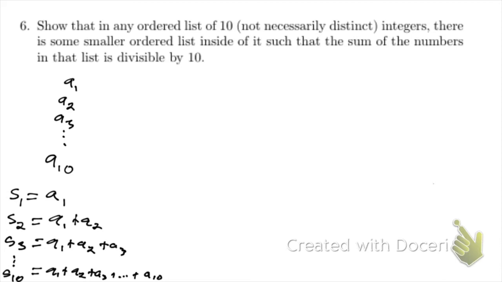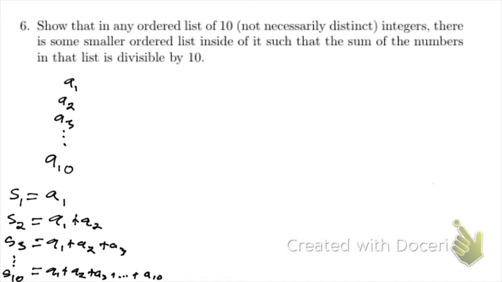And so these sublists are going to be 10 different integers, right? And we're going to use really similar logic to what we did in question 5. So I'm not going to reprove this fact, but we said that if two numbers have the same remainder when divided by 10, okay, then their difference is going to be divisible by 10.